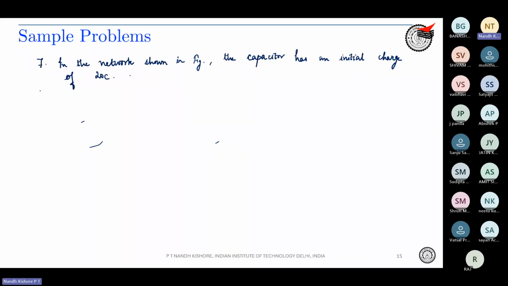Find i(t) after 2 seconds of closing switch S.